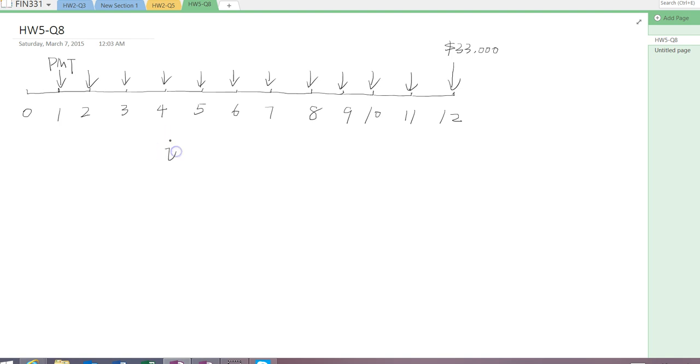That's the I, which is 7%, and N, that's the number of payments, equals 12. And obviously this $33,000, that's the future value.